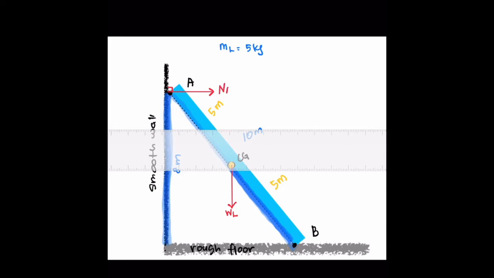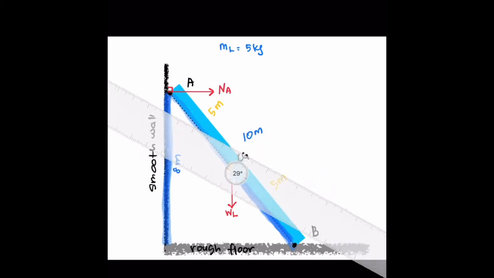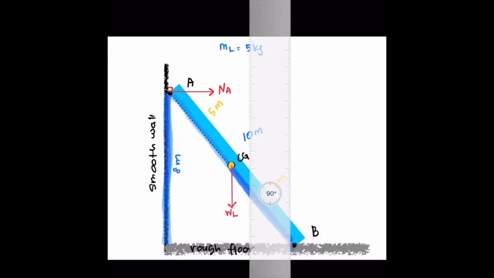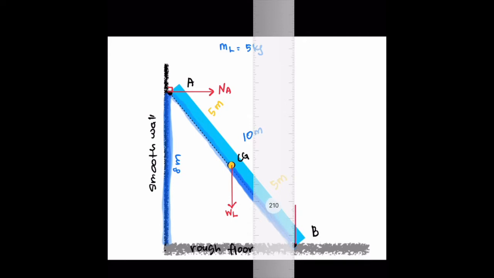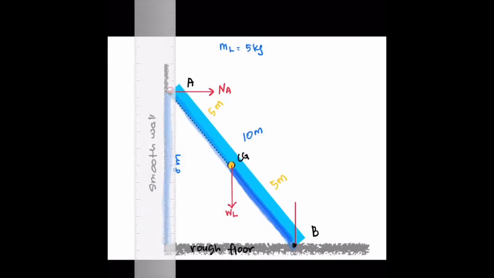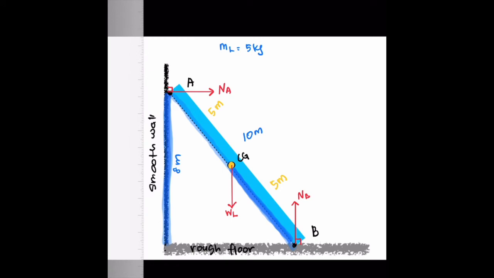This is your normal force at A. The same goes for B. When the ladder touches the floor, we draw the normal force at point B upward. This is NB, perpendicular to the surface, which is the floor.